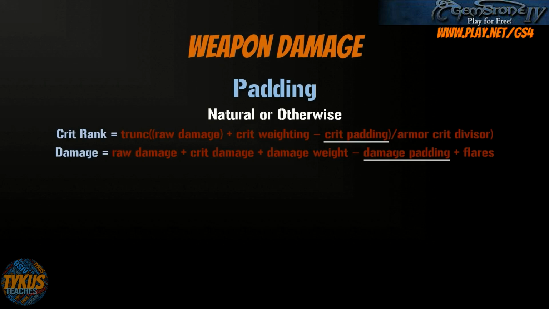It's our raw damage plus our crit damage plus our damage weight, and then we would subtract any damage padding that our opponent has. It can be a bit of a bummer when you're doing really well and the creature you're attacking just doesn't seem to be dying, and this is often why I don't think it is fully understood which creatures have padding and which ones don't, how much there is, and exactly how they apply to us. But this is the overall accepted how padding applies against weighting.